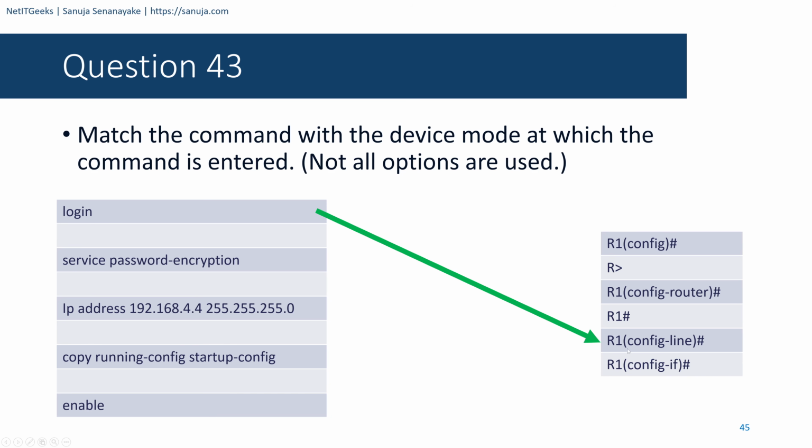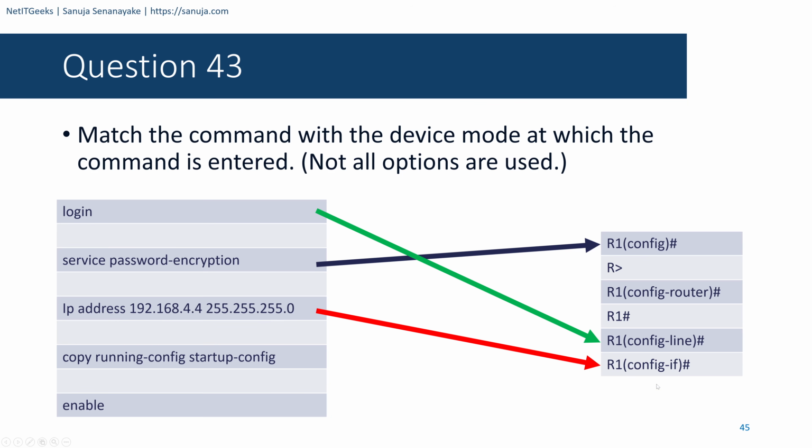Logging will go with the config line. How do I know this? By labs. If you don't remember, go and check the labs. I'm just going to give you the answers here because you should know this like the back of your hand. Service password encryption goes with the global config.